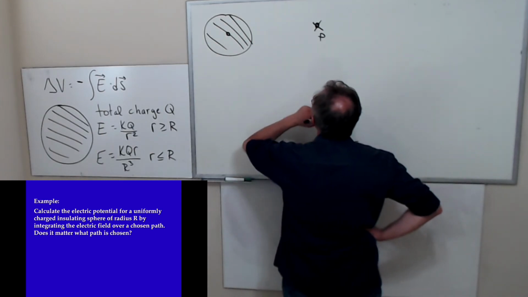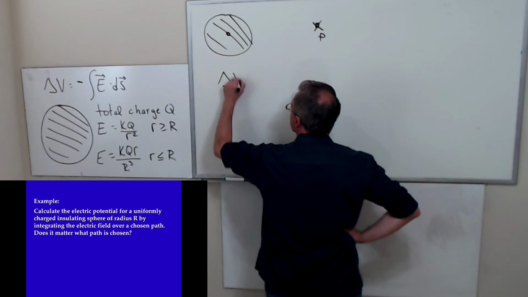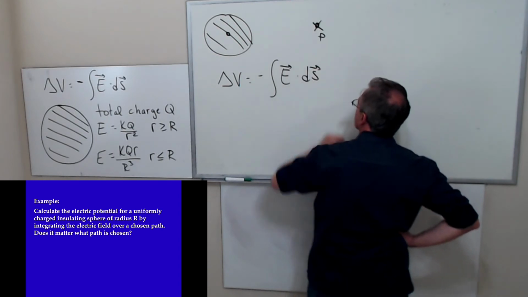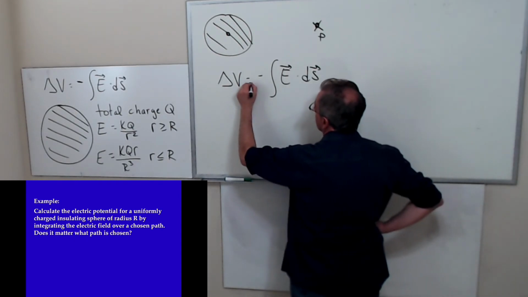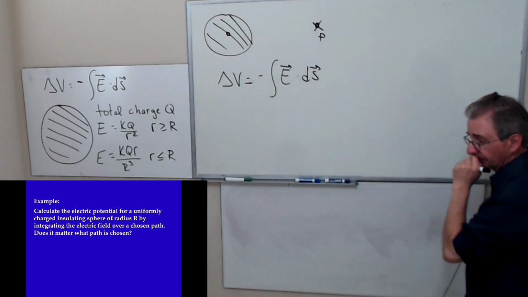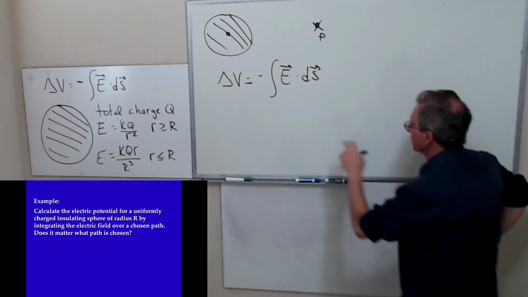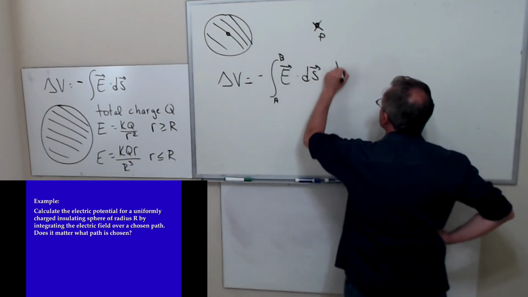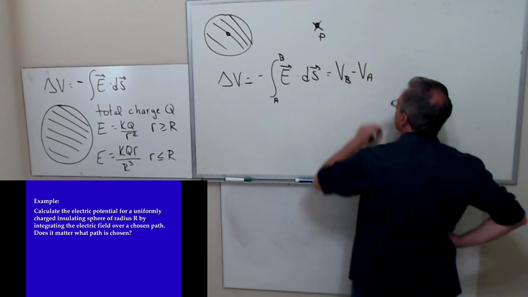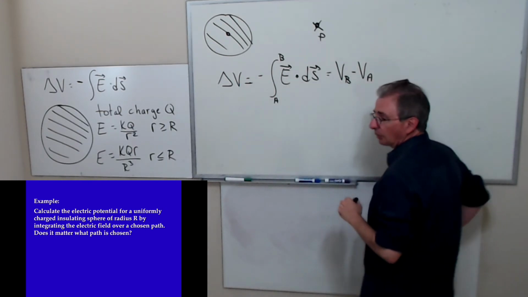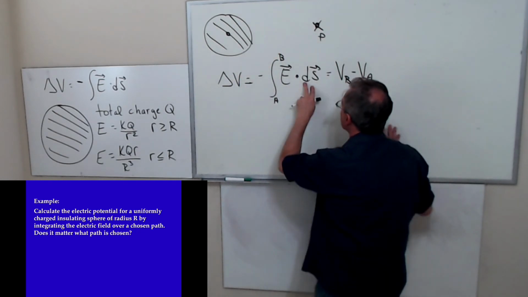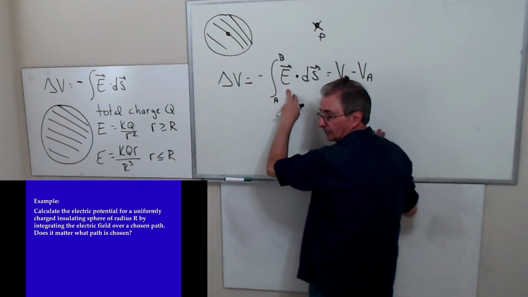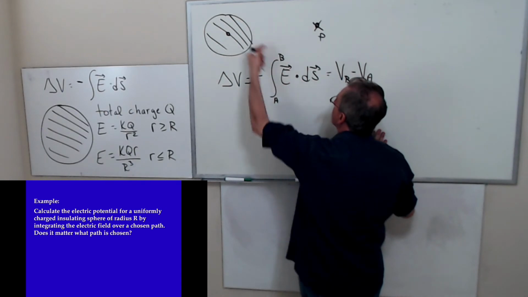So I want to get delta V, which is minus the integral of E dot ds, and I want to integrate between two points, A and B. So this gives me V sub B minus V sub A. I'm always going to integrate outward, in other words, my unit vector for ds, or my dr, always points that way.